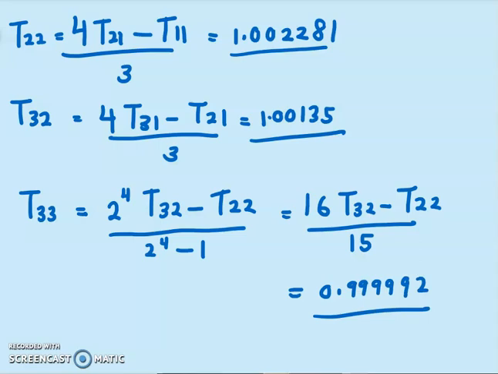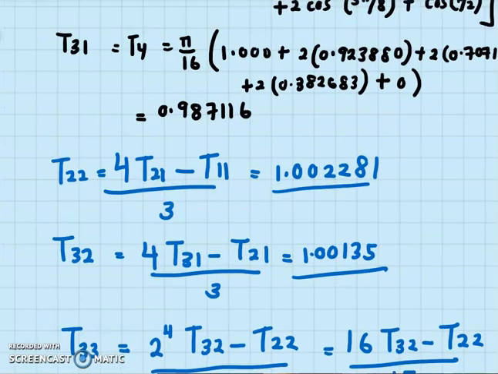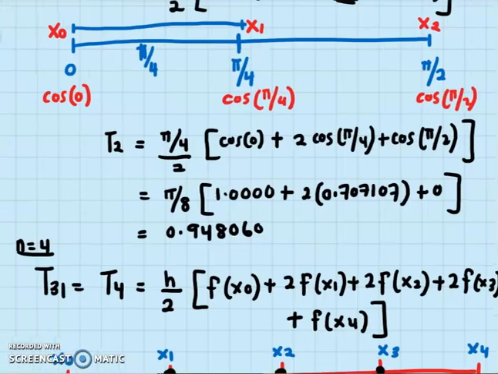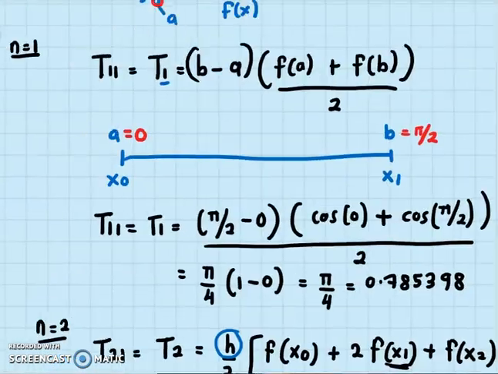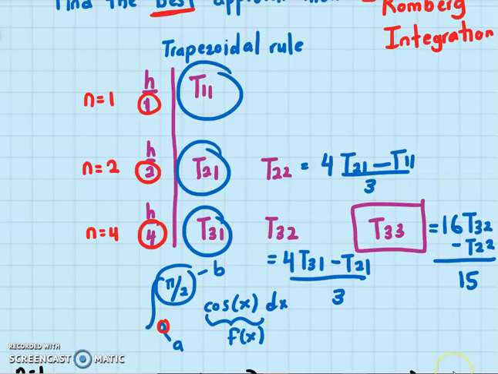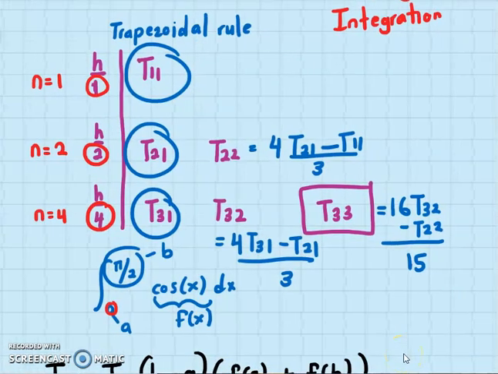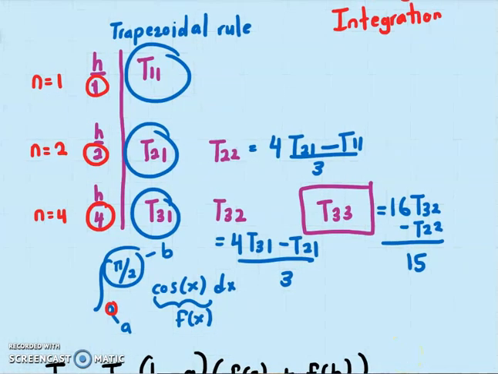Okay, so this is how you perform Romberg integration for numerical integration. Let me recall quickly in case you forgot how to do it. If this is order P is 2, then this one will be P is 4.